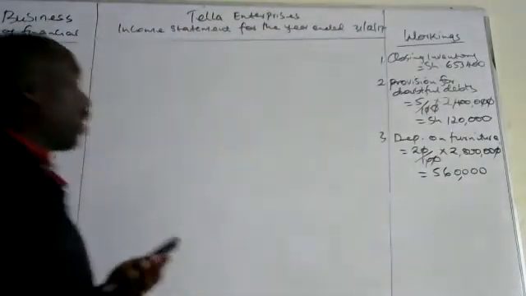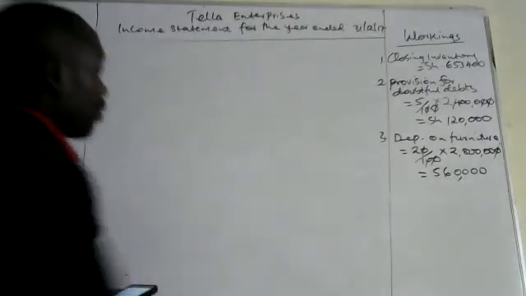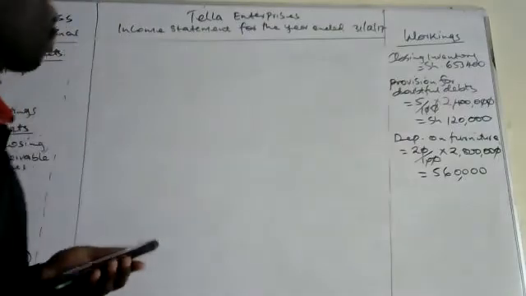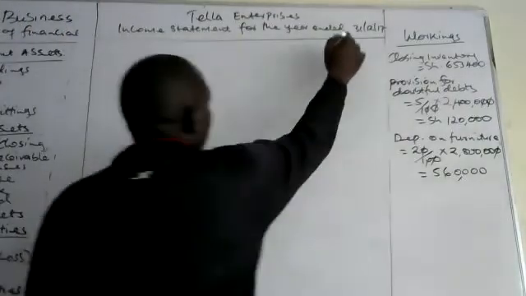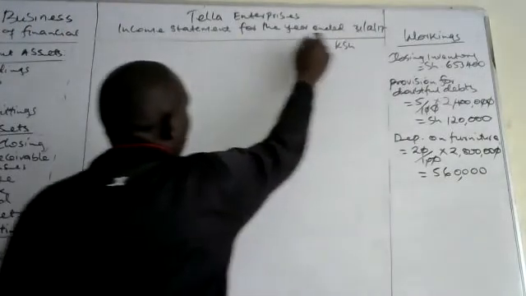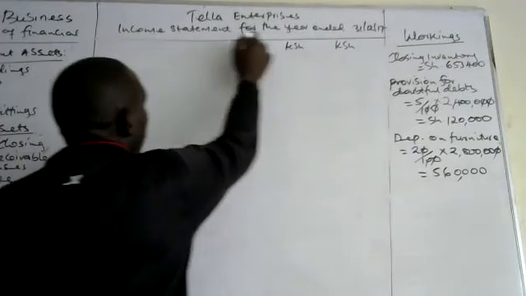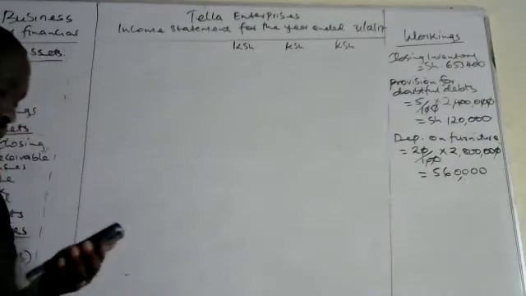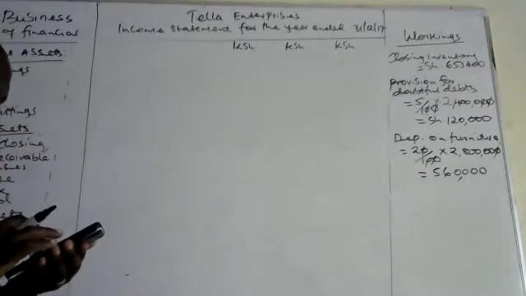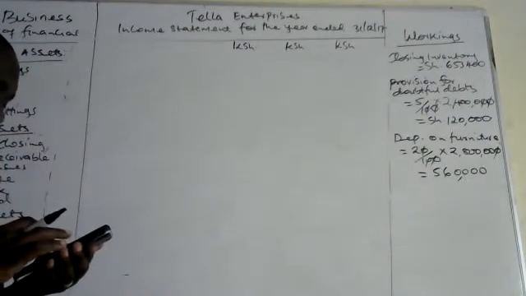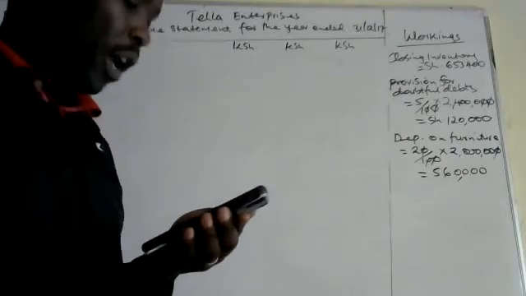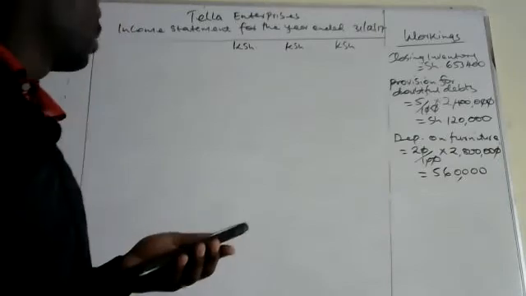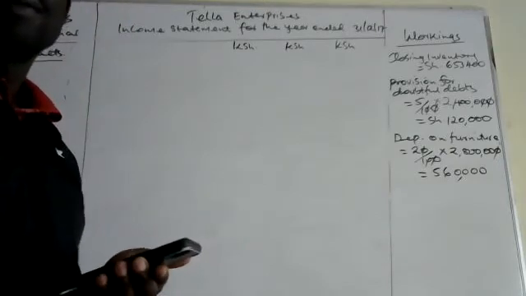Underline your heading like that. In this question, we don't have carriage inwards, but we have return outwards. Actually, we shall need 3 columns like that.